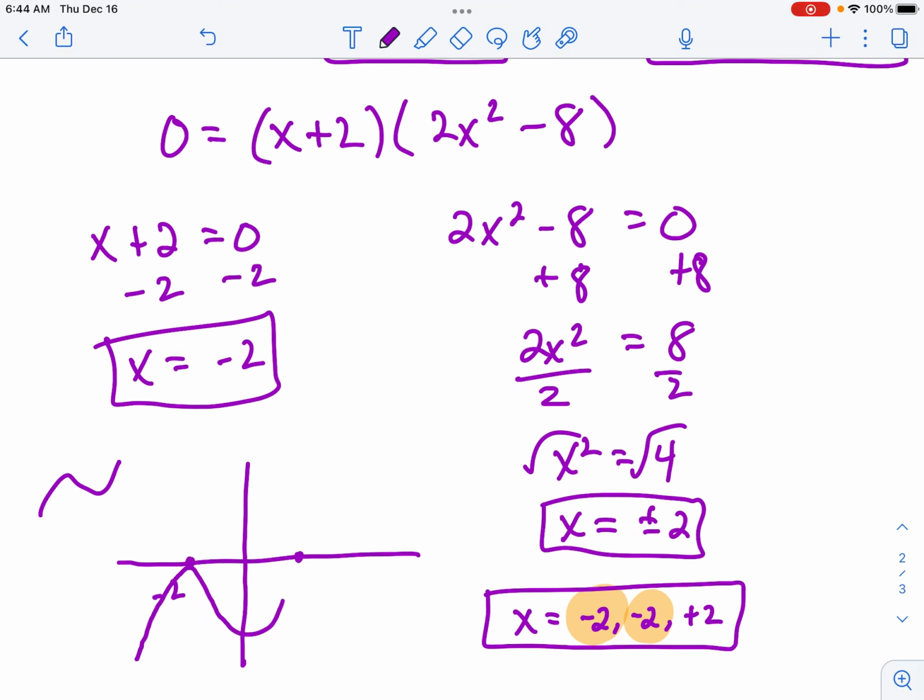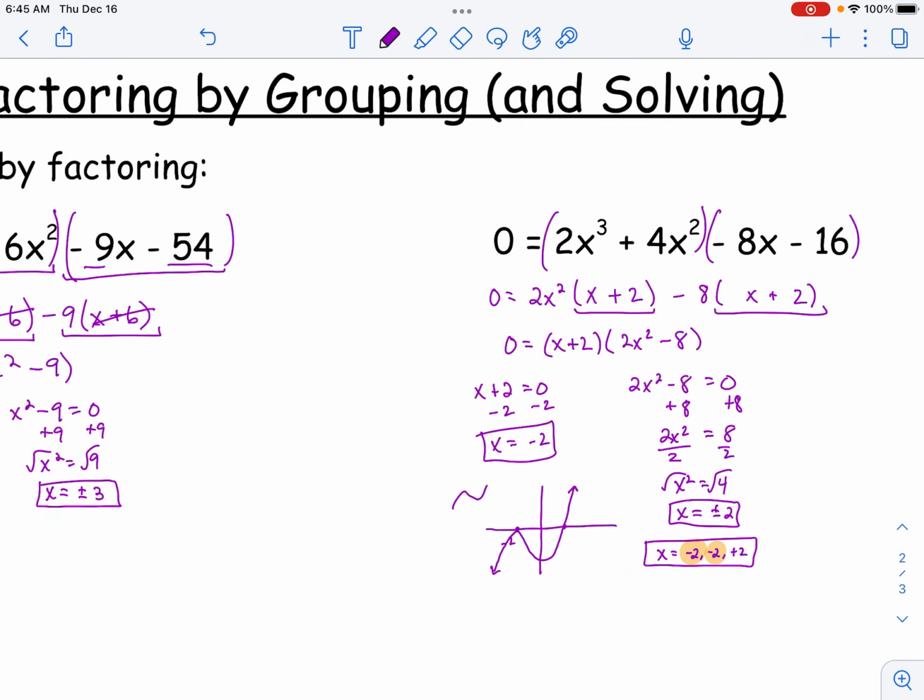So it doesn't go through it necessarily, but it does touch it on the graph. So that's what the graph's going to look like. All right, so that's it for factoring by grouping and solving.